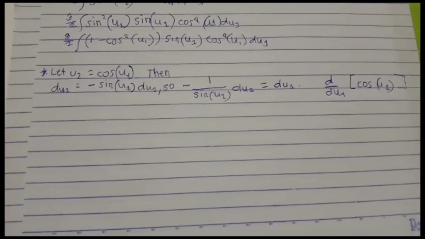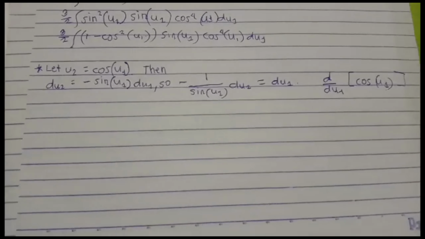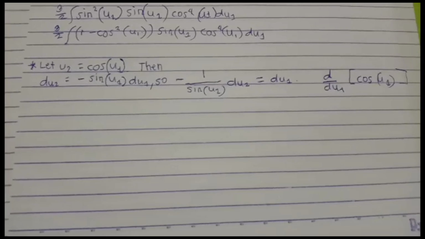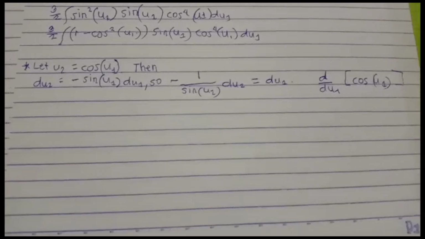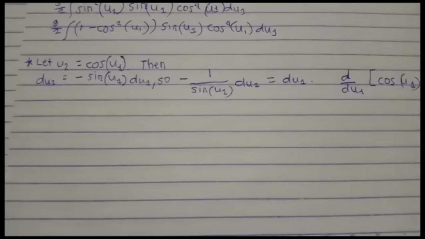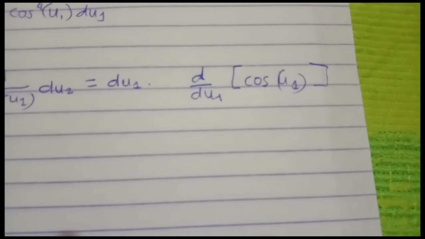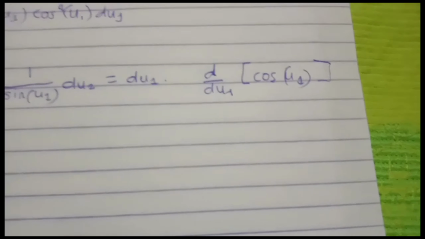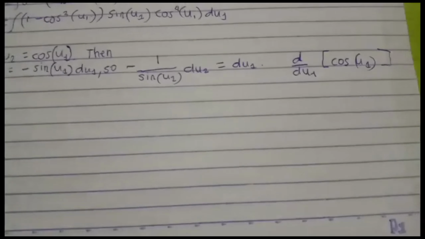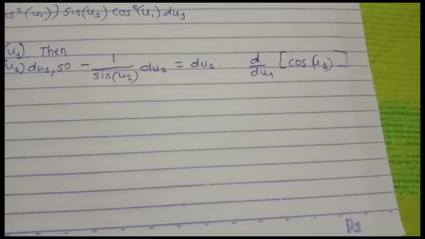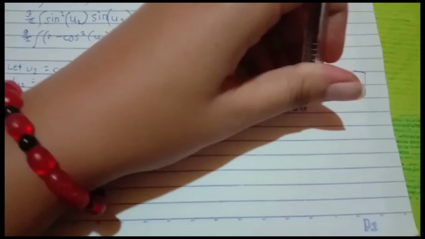Since u2 is equal to cosine u1, find du2 over du1. Differentiate cosine u1: d over du1 of cosine u1. The derivative of cosine u1 with respect to u1 is minus sine u1. So, rewrite the problem using u2 and du2.